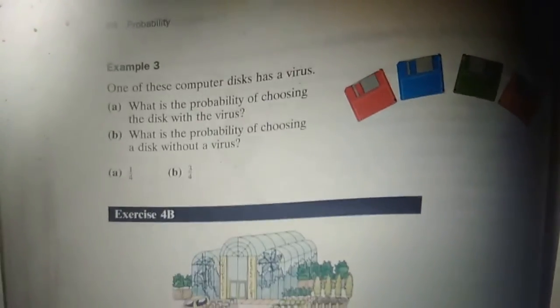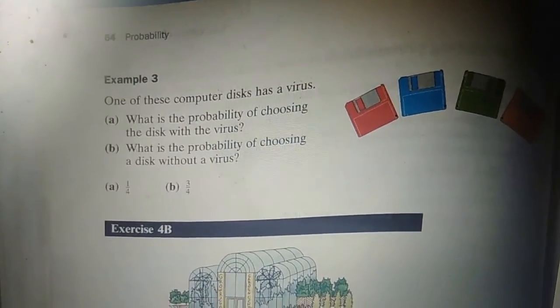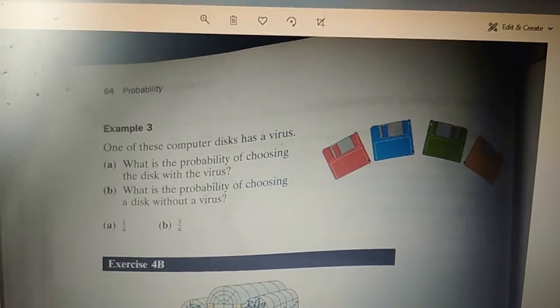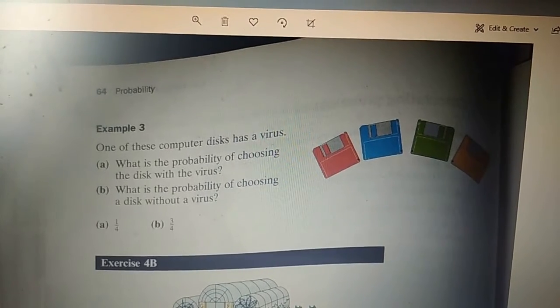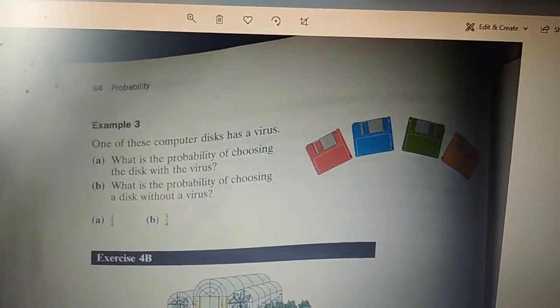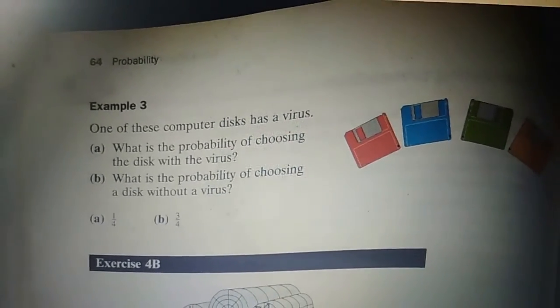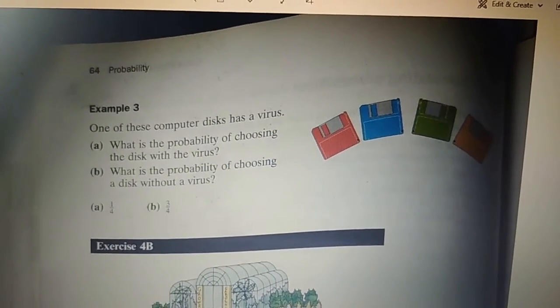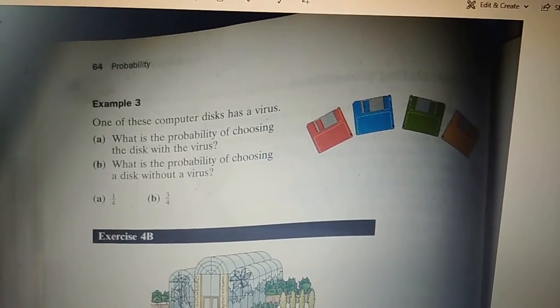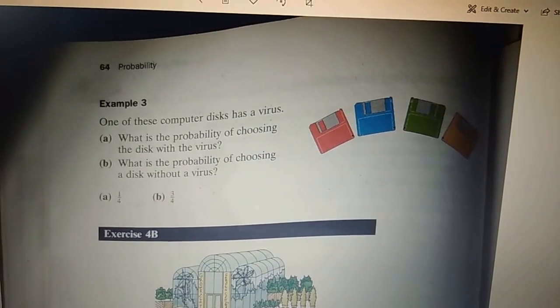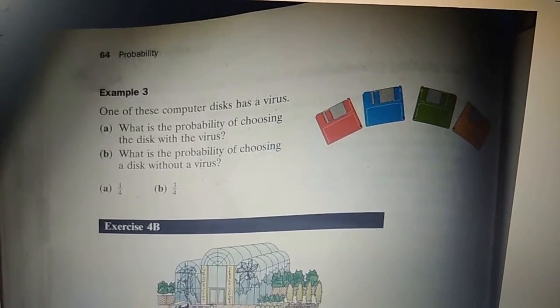I think you understood, but I'm making it clear again. In A, we are choosing just one disk, because just one disk has the virus. A asks us to choose the disk which has the virus, so the probability is 1 by 4.